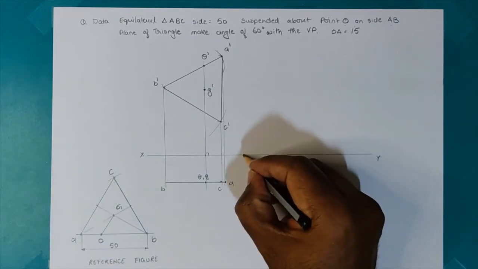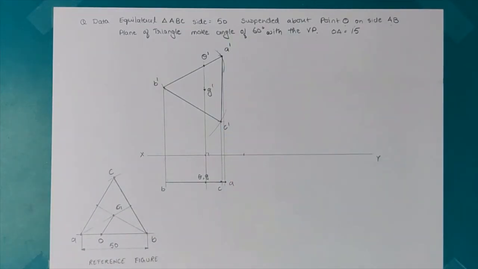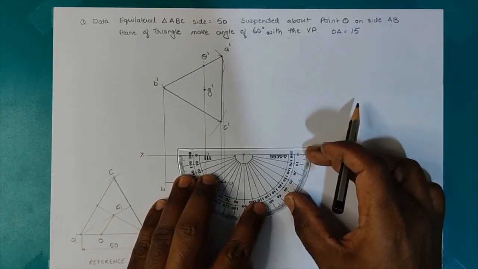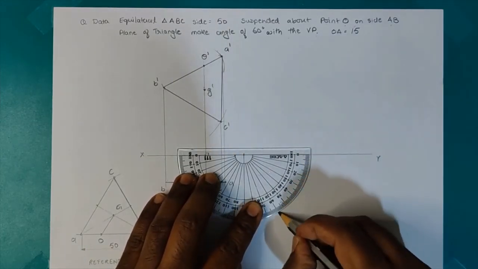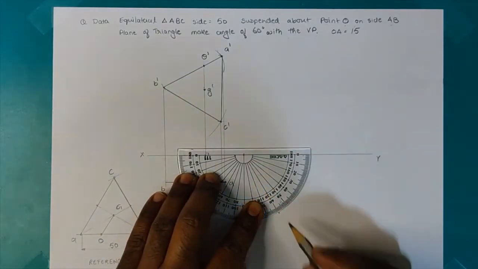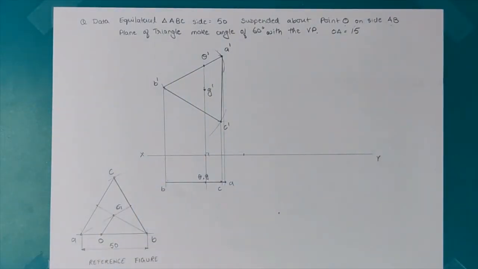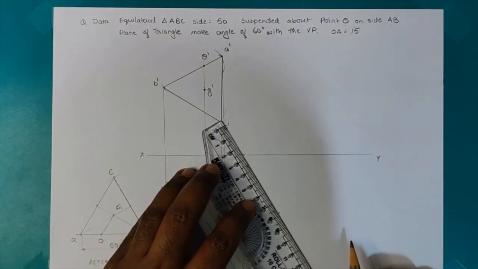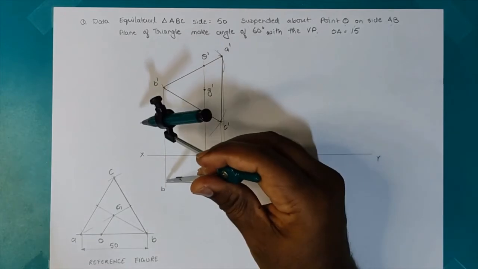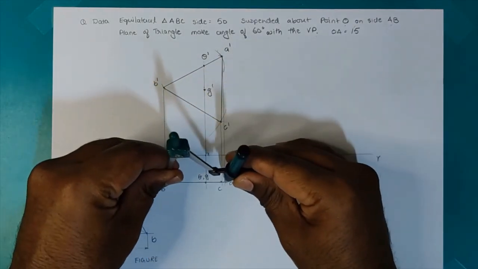Now I'll be using this top view in third step. So what I do is take a point at suitable distance, which is approximate distance I have taken from step 1, and take an angle of 60 degrees. Remember, 60 degrees. Draw a faint line, and then I'll be using this distance B2A.